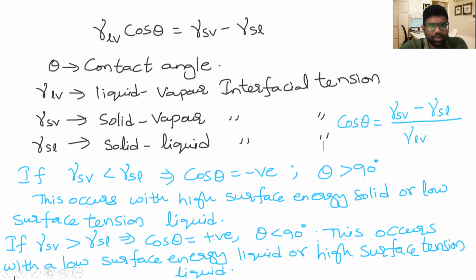This occurs with a low surface energy solid or high surface tension liquid. Please make a correction that this is a low surface energy solid. So for theta less than 90, wettability will be high, and wettability will be high for a low surface energy solid. Here, please replace it with solid.